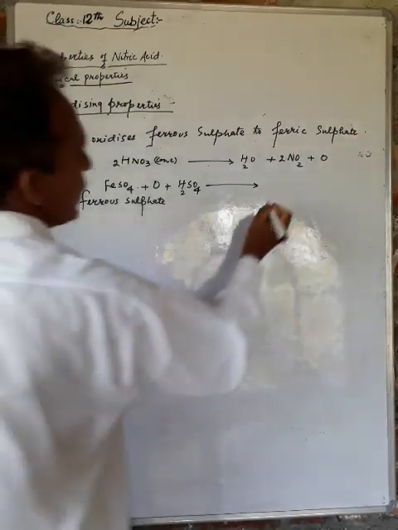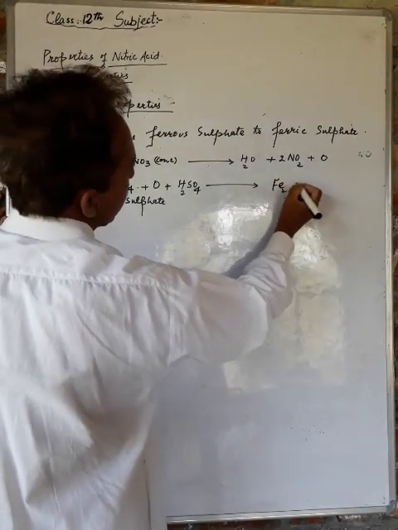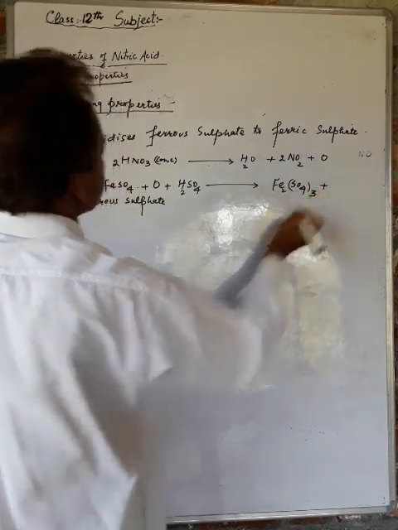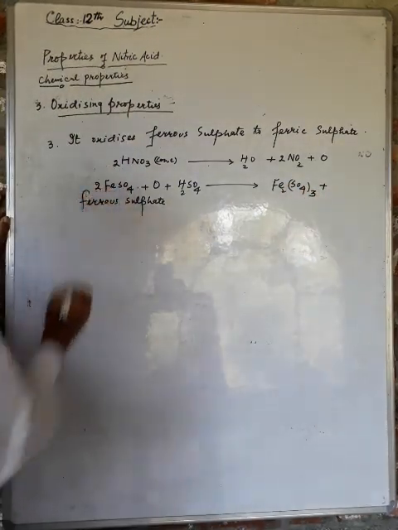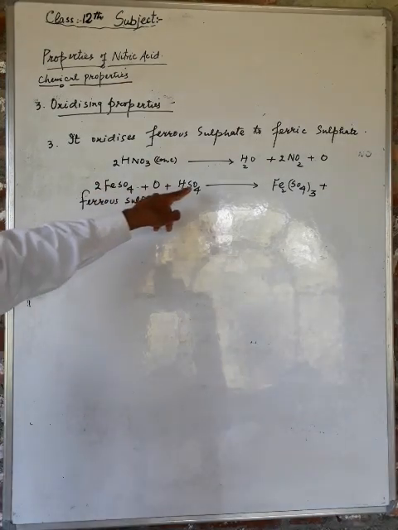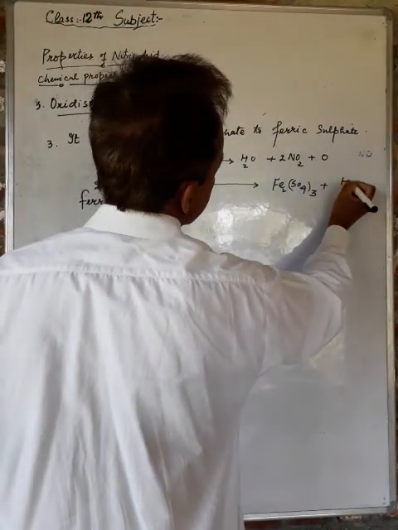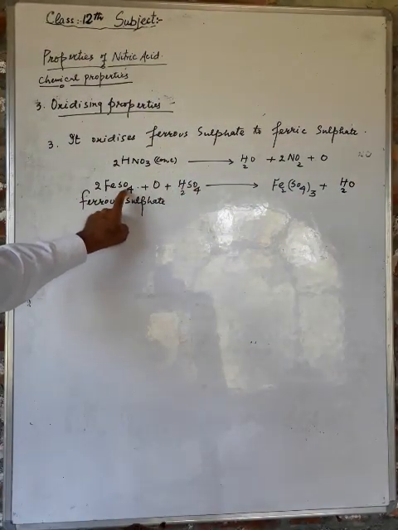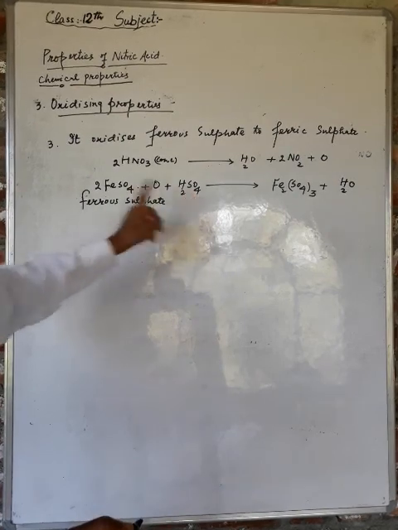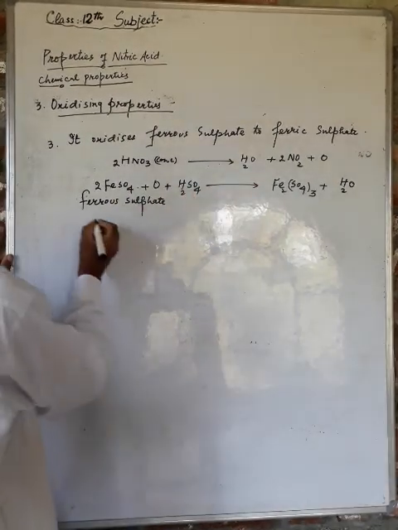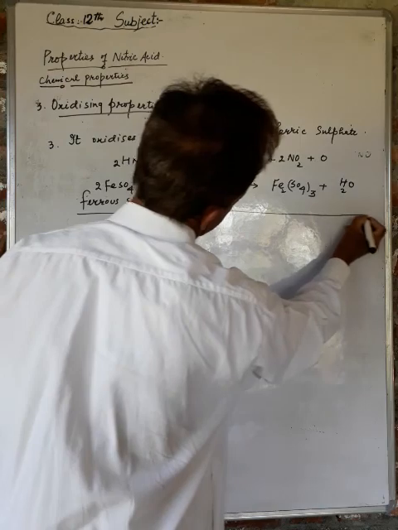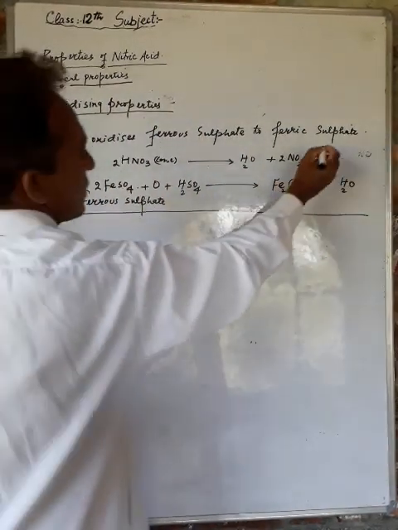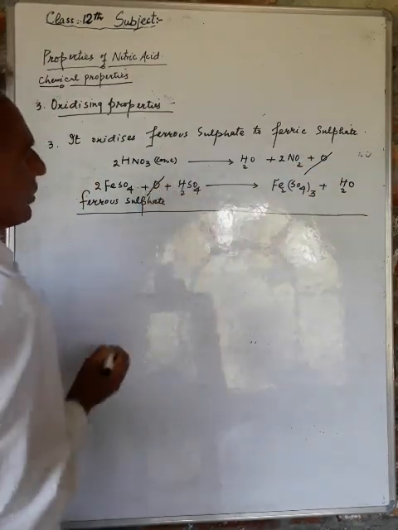It forms Fe2(SO4)3 plus water. So we will see whether it is balanced: Fe2, 2 times SO4, 1 time SO4, 3 times SO4 plus water. Now the overall reaction will be, this one nascent oxygen will cancel.